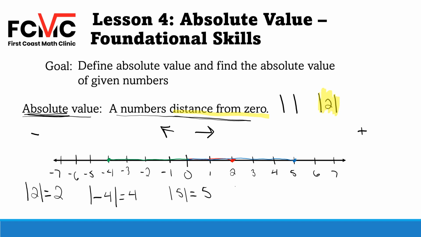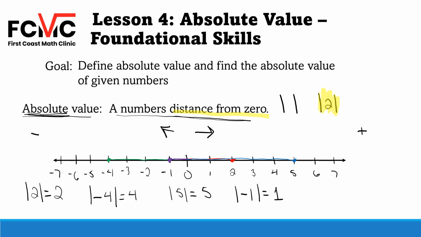And what if we do maybe the absolute value of -1? So if I'm at -1 here, how far is -1 away from 0? Well, -1 is only going to be 1 unit away from 0. So what do we notice?